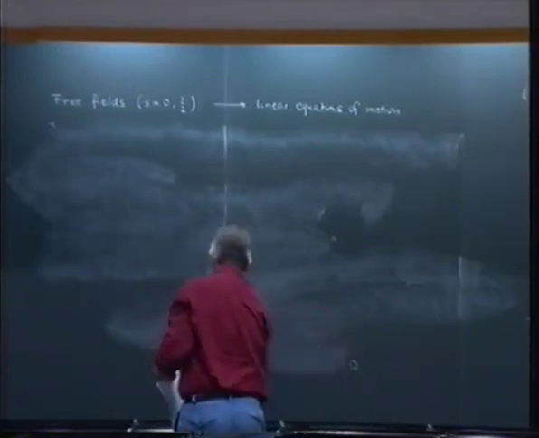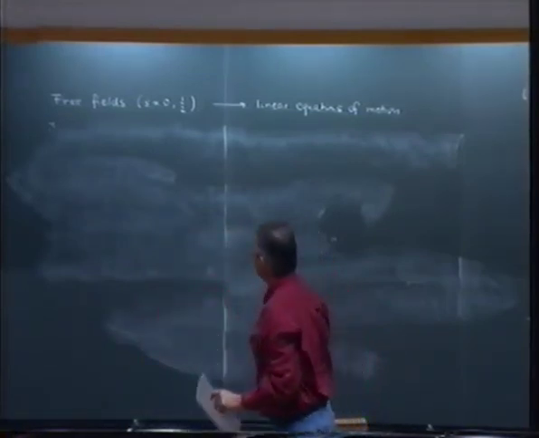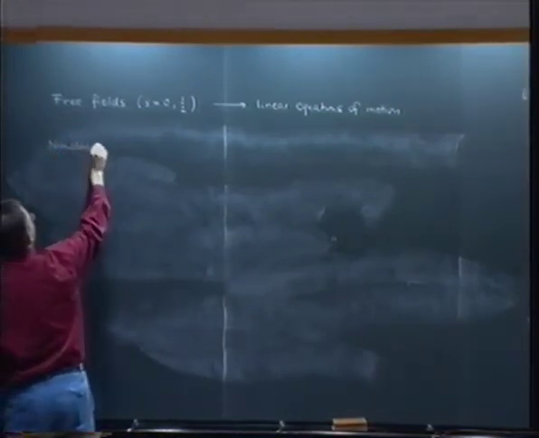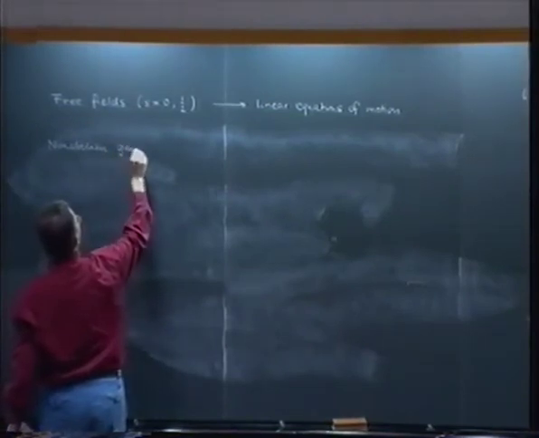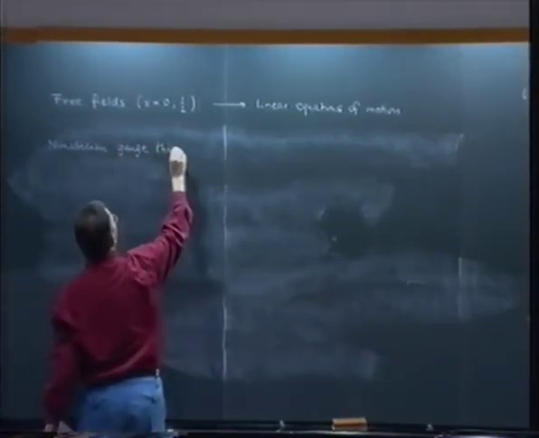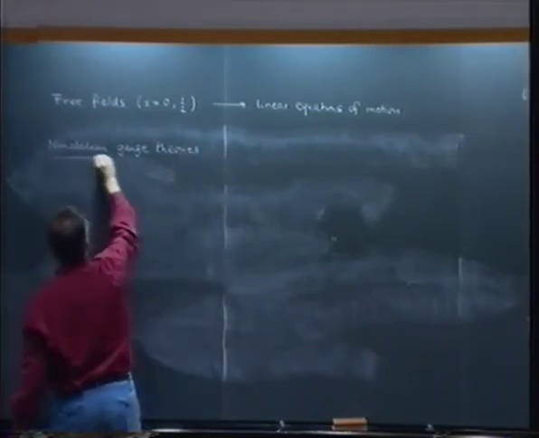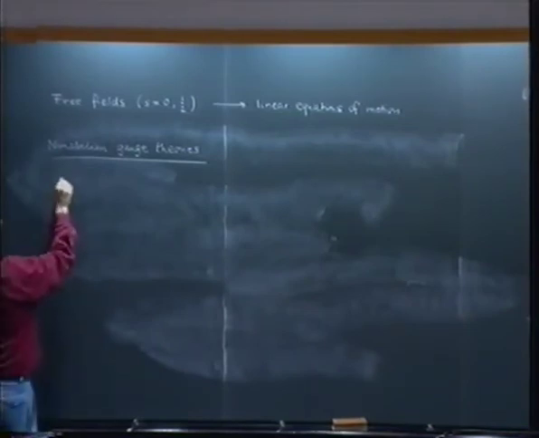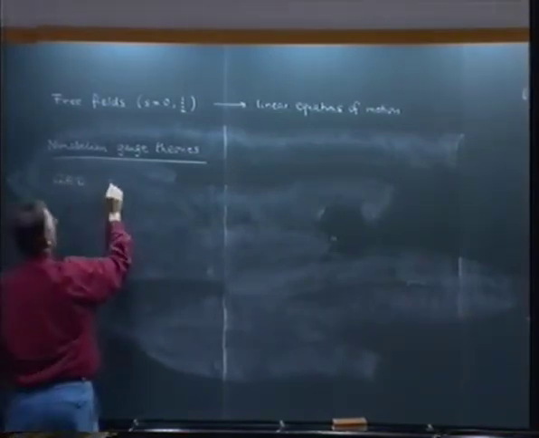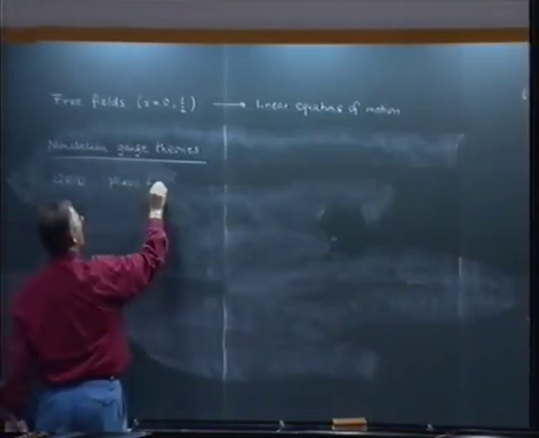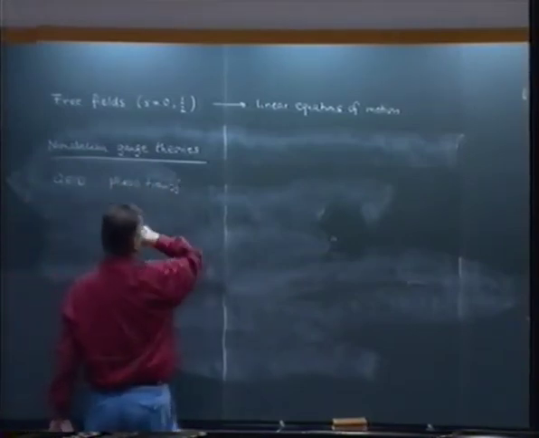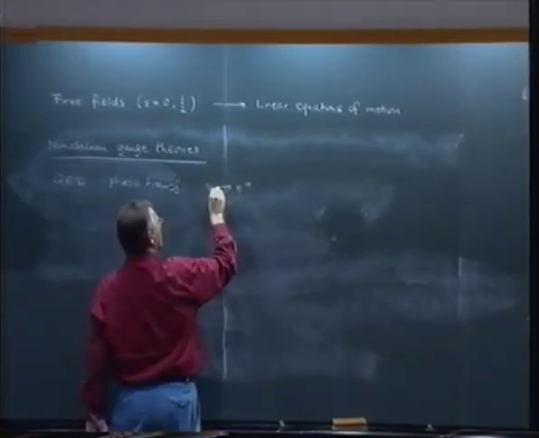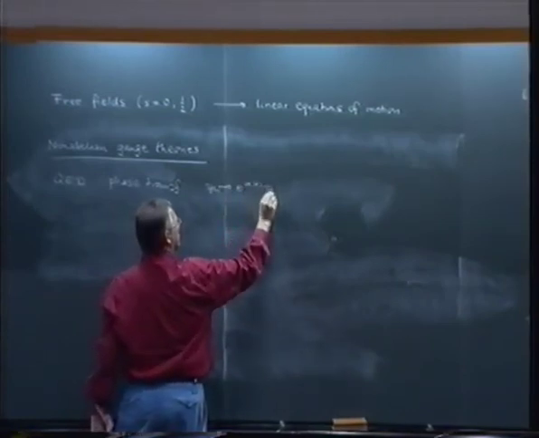So let me just briefly summarize what happens there. Well, in the case of QED, we just had phase transformations, where you transform the spinor field by a phase factor, which may depend on x.